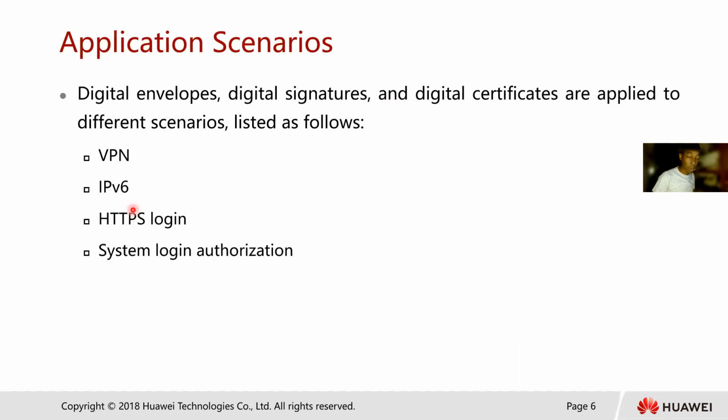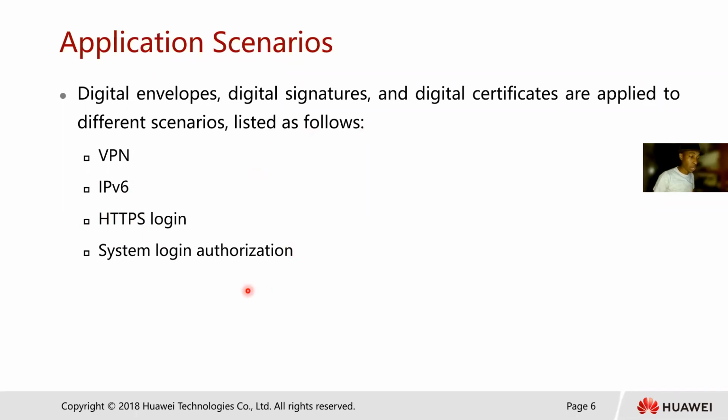I've talked about IPv6 because IPv6 came in to solve the issues with the exhaustion of public IP addresses in IPv4. We have HTTPS login. You already know that HTTPS uses these concepts.